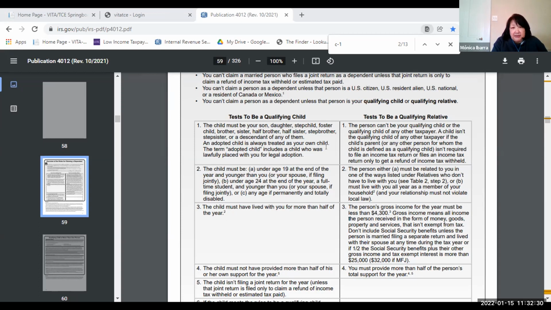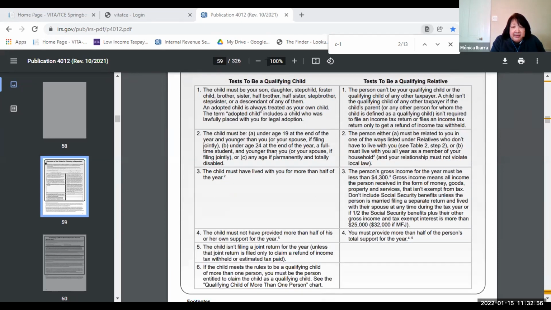And I maintain the cost of a household. In that scenario, I have a qualifying child. Let's say the child was my 10-year-old daughter. So my child, under 19, lived with me for more than half a year.